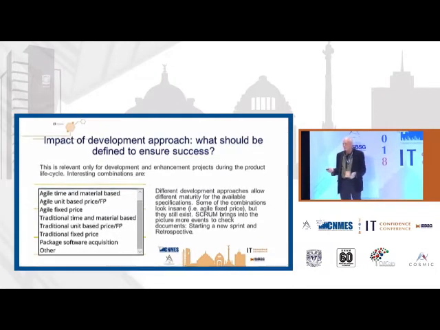Can we still develop something? But these combinations are, or if we are going to buy package software, that is another case. But I have also seen that these packages are not really usable as they are.